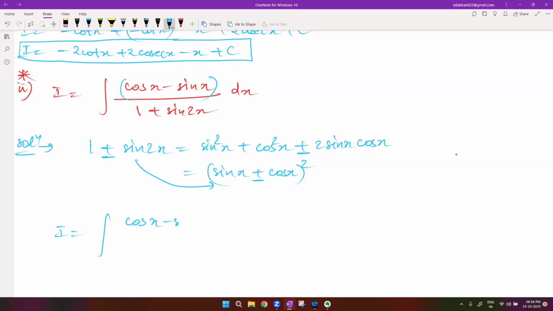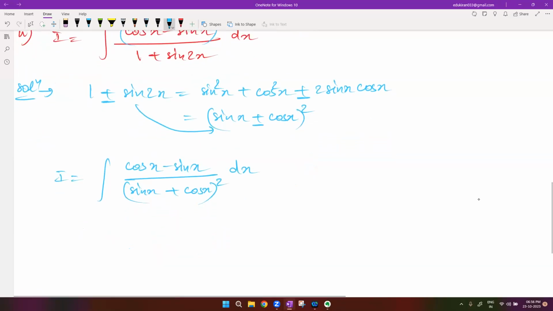This expression can be written with cos x minus sin x as it is in the numerator, and 1 plus sin 2x as sin x plus cos x whole square. Now, can you tell me how we can solve this?